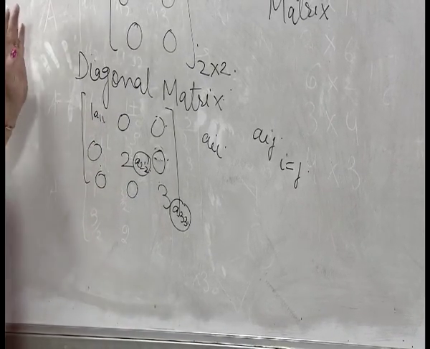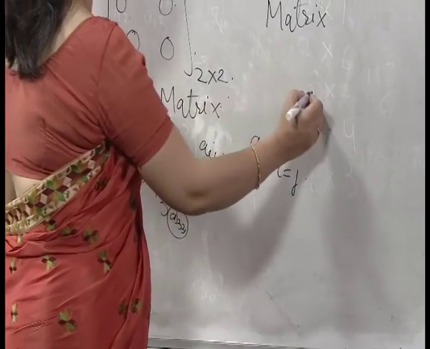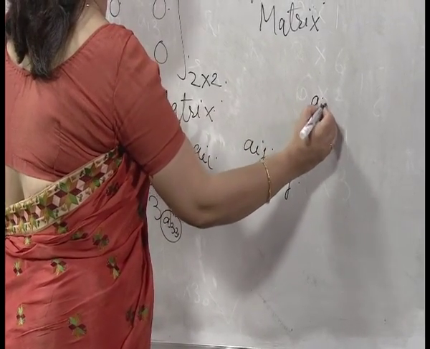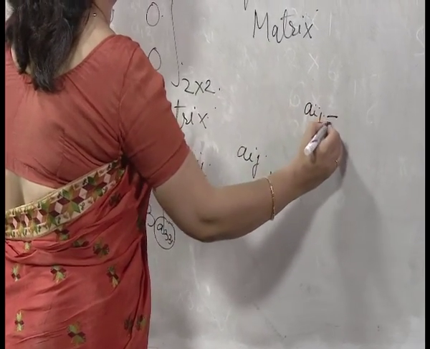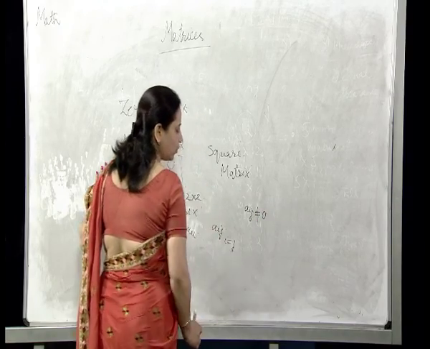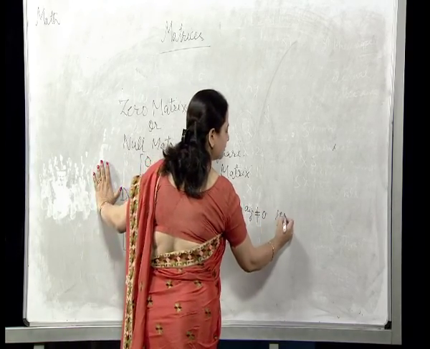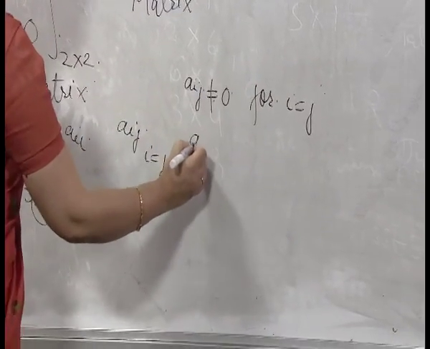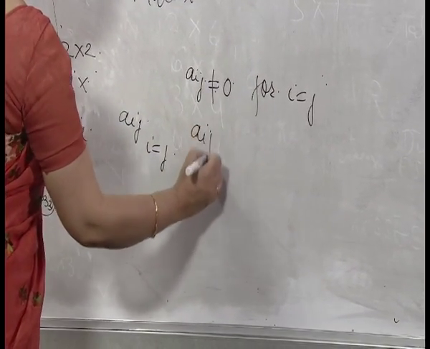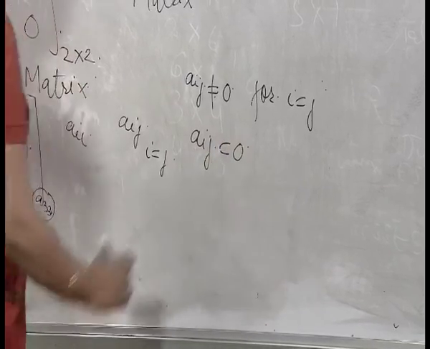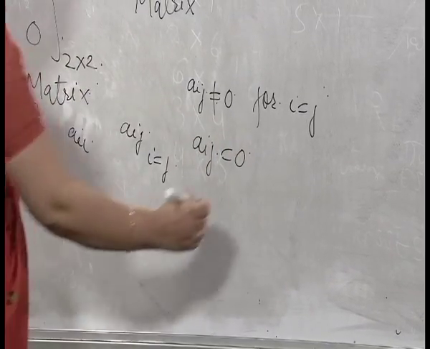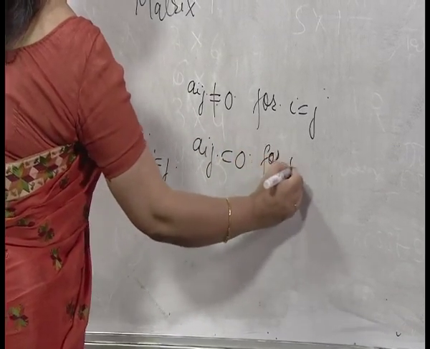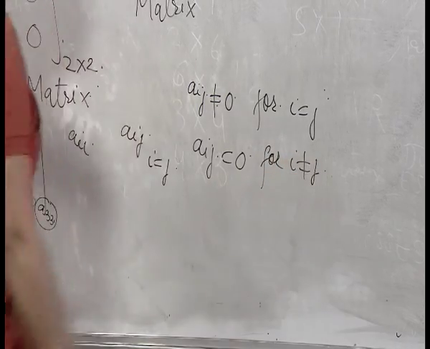So, we can define the diagonal matrix as Aij is not equal to 0 for i equal to j, and the rest, Aij is equal to 0 for i not equal to j.